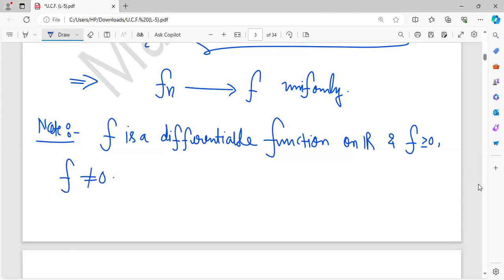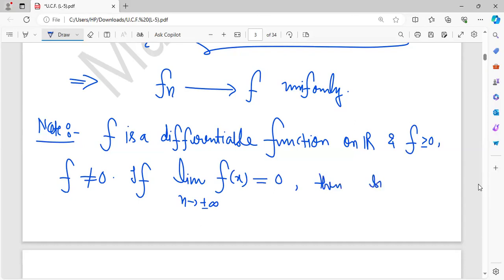If the limit as x tends to plus or minus infinity of f(x) is zero, then what can you say?